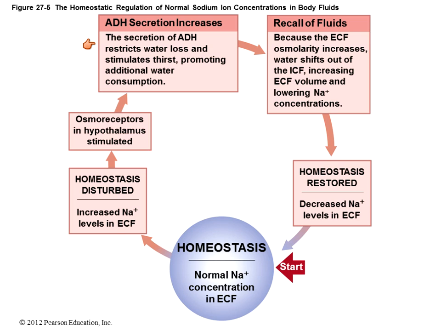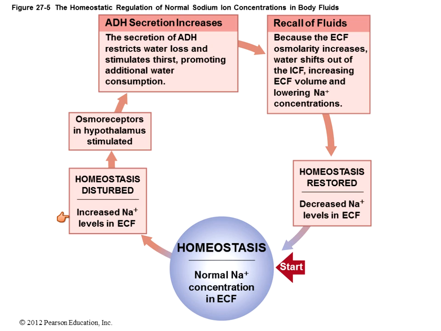The antidiuretic hormone restricts water loss, stimulates thirst, and promotes additional consumption of water. All of the things that we talked about antidiuretic hormone doing in the endocrine chapter, as well as in the urinary chapter. And now we're talking specifically about one thing that can stimulate the release of this hormone, which is too much sodium in the extracellular fluid.